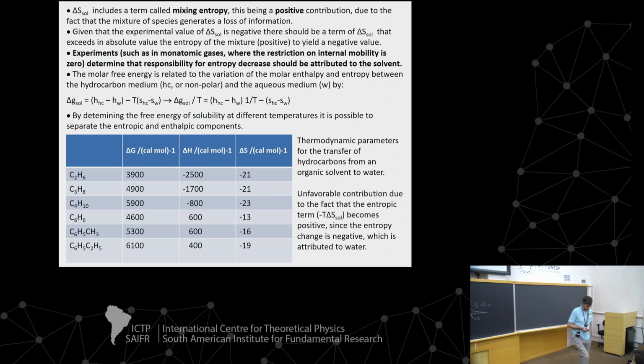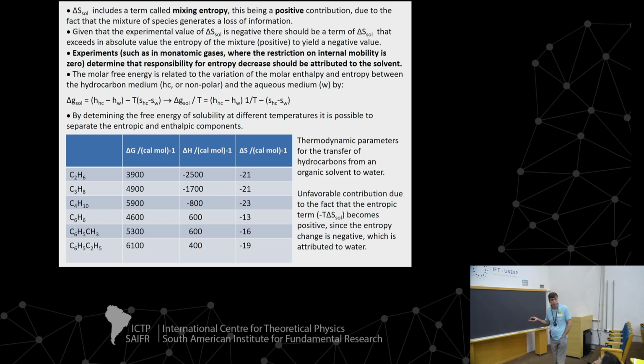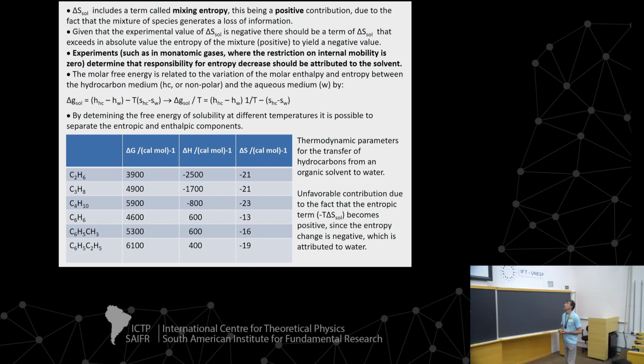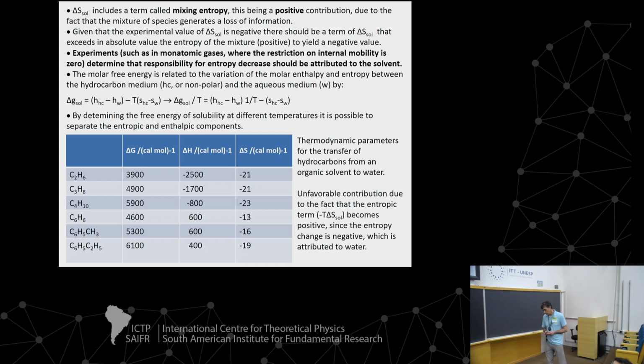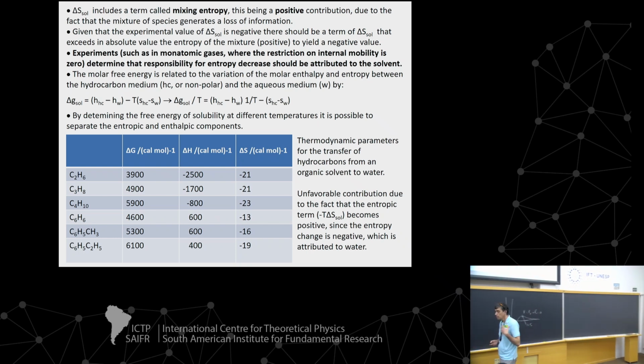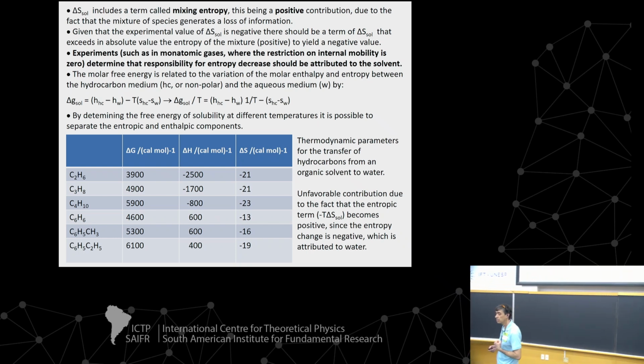But when you dissolve something, you have a mixing term. You are dissolving a system in water, and you are increasing information, or increasing entropy. Thus, there should be another source of this entropy loss that must be compensating and even being much larger than the entropy gain in the mixing process.